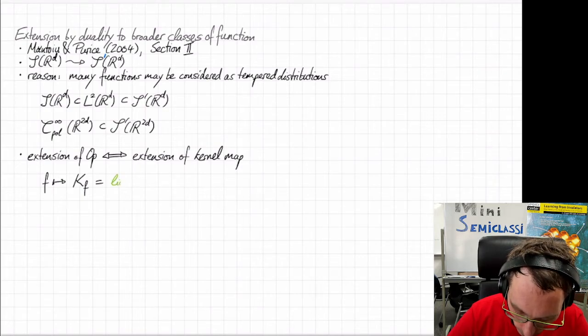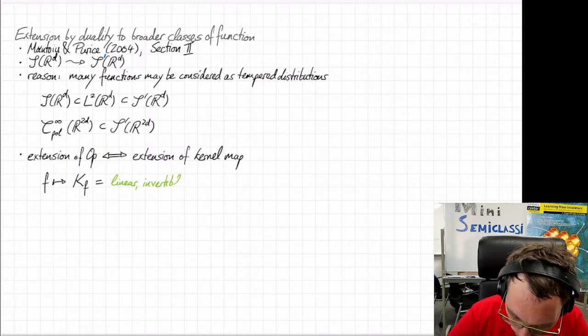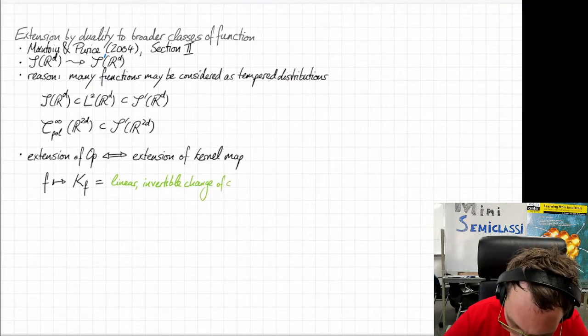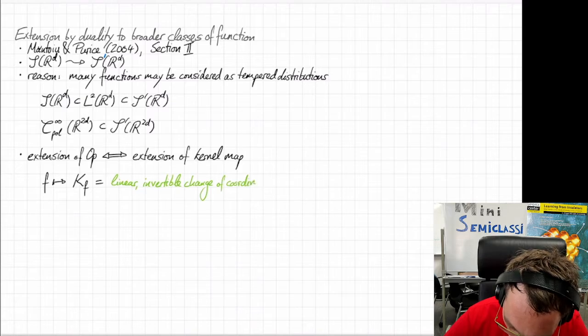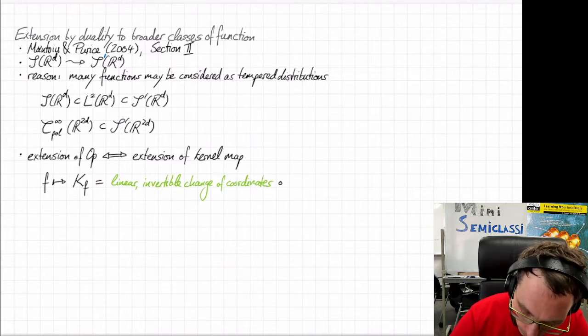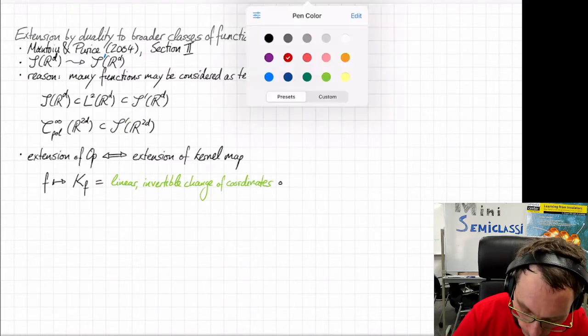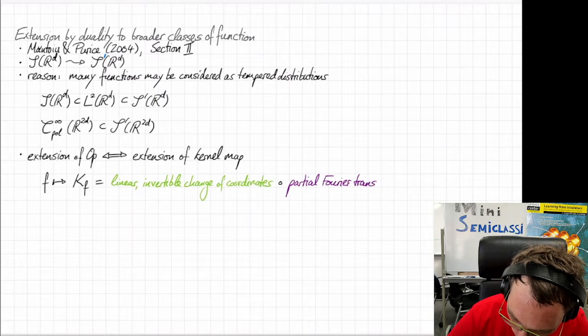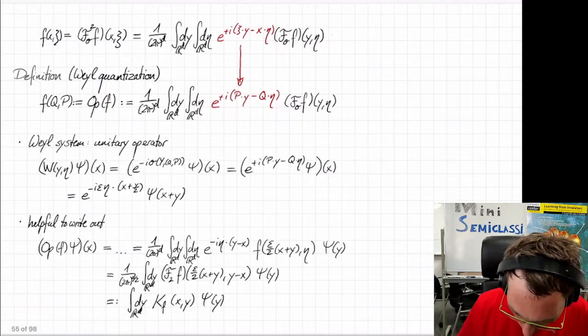So it's a linear invertible change of coordinates, composed with a partial Fourier transform. Let me copy and paste the relevant equation.